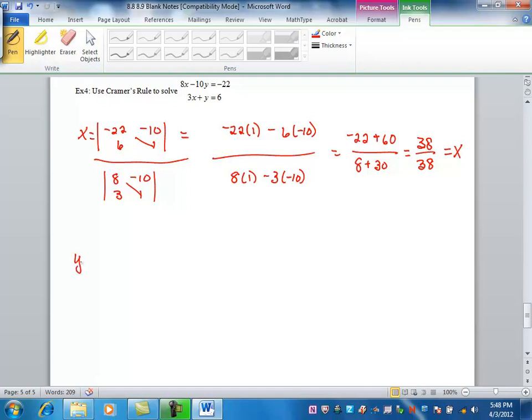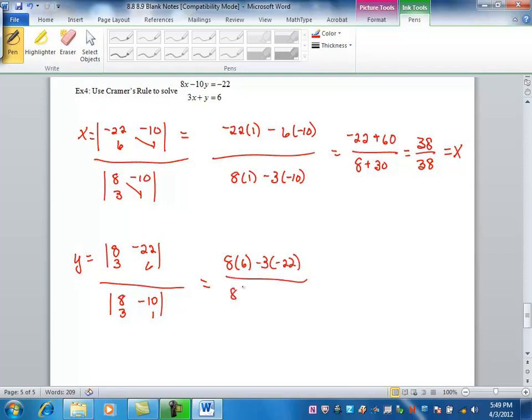And then for the y, the coefficients of the x's stay in this time. The coefficients of the y's get subbed out. We get a negative 22 and a 6. Here we get the coefficient matrix once again, 8, 3, negative 10, 1. And so here we have 8 times 6 minus 3 times negative 22 over 8 times 1 minus 3 times negative 10.